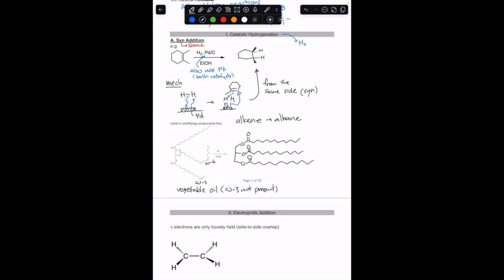Now, sometimes you're going to have palladium just relax the double bond, because cis double bond is a little bit of a less stable geometry than trans because of the sterics here, and so for that reason palladium can rearrange the double bond stereochemistry, and it can rearrange it to become trans geometry.